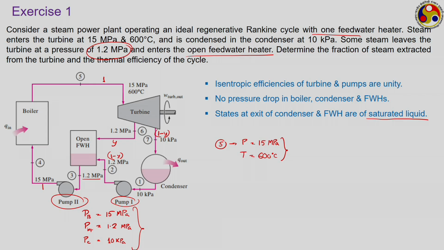For state number 5 we have h5 equal to 3583.1. I have already noted the values from the tables, and s5, we need the entropy because we are talking about isentropic expansion, comes as 6.6796 kJ/kg K. But point 5 we shall be coming back to later on.